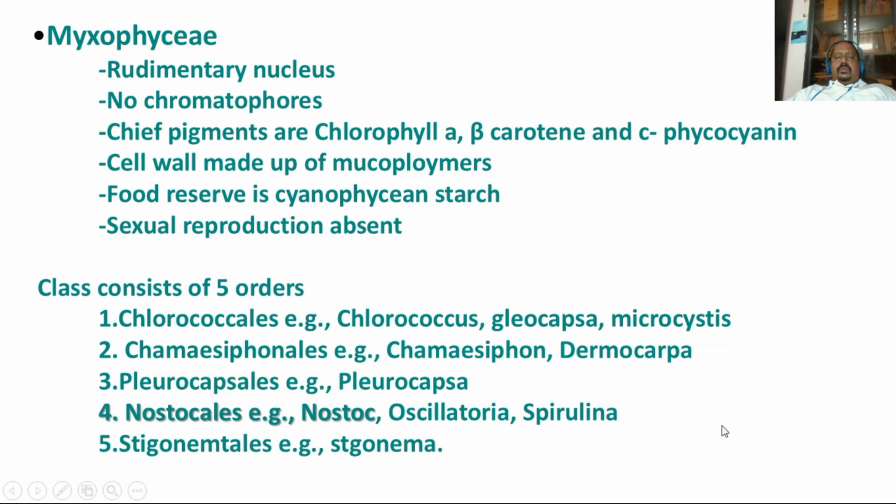And the last group included by Fritsch is the first group we have to study, which is the Myxophyceae. Myxophyceae are otherwise called blue-green algae or Cyanophyceae, where the cell is a prokaryotic cell. There is a rudimentary nucleus, which is also known as nucleoid. There is no well-developed nucleus or chromosomes as in the higher plants.